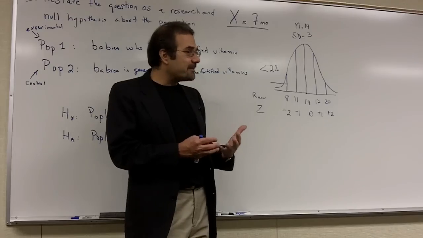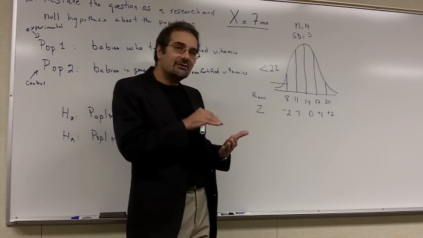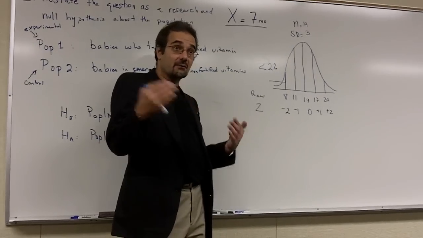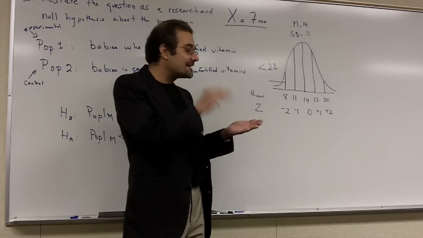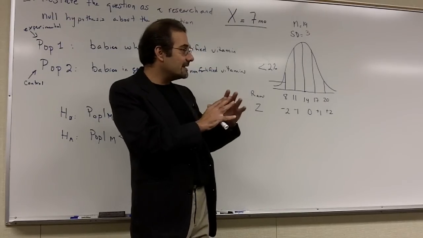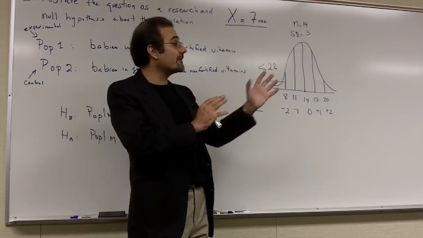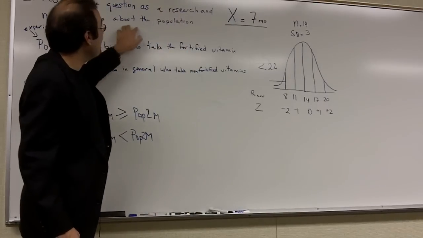So the sample we actually have knowledge of, we know what happens to them, but what we're really trying to do is make inferences on how this drug would work with other people. Okay? So we know everything about the sample. That's what we're going to use to actually make decisions about how we infer the drug will work with other people. So we make these decisions, we make them about the population.